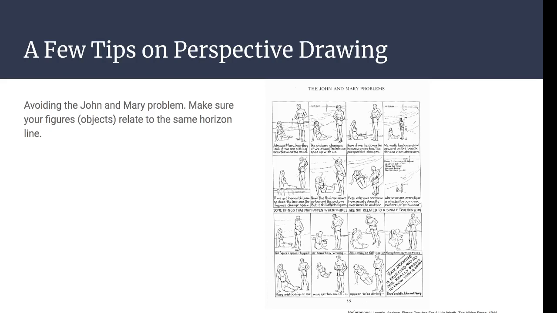He shows a couple on the beach, and both figures are consistent; both match the same horizon line. But then he shows what can happen if two figures don't match the same horizon line. You get a weird effect where people look like they're floating in space, or tumbling, or they just look really inconsistent or off.